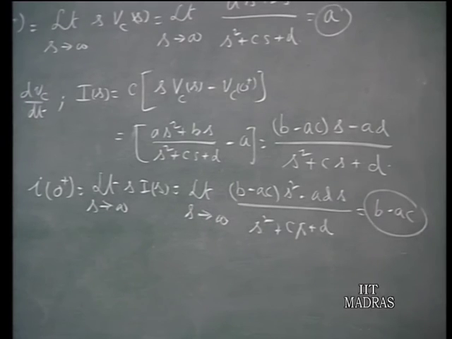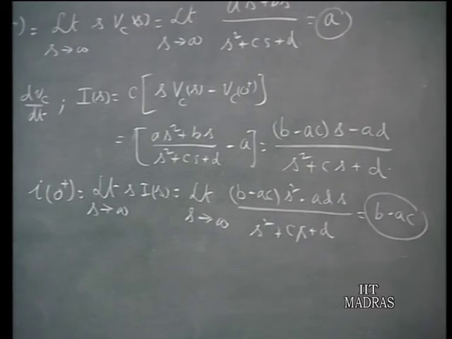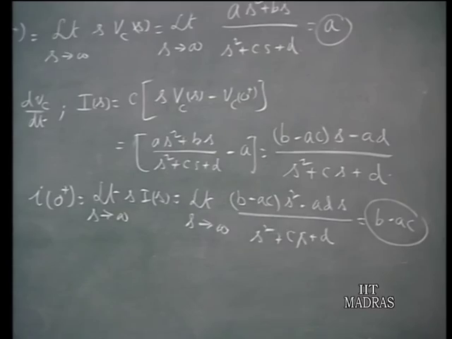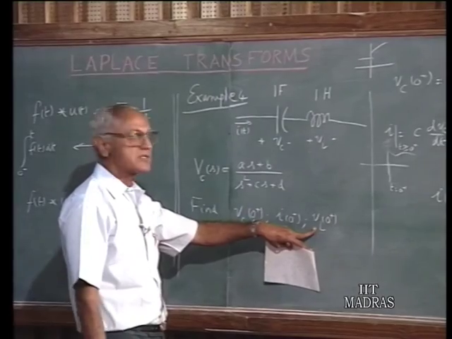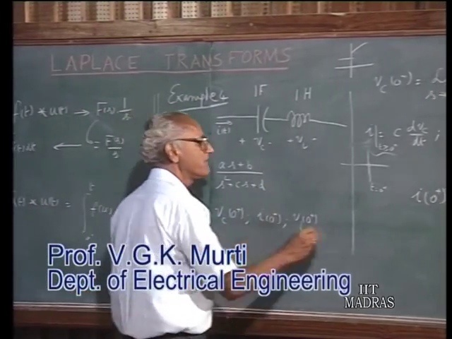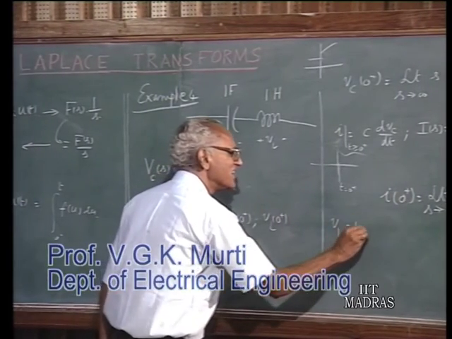Now, again, to find out the initial value of the voltage across the inductor, V L equals L di dt.